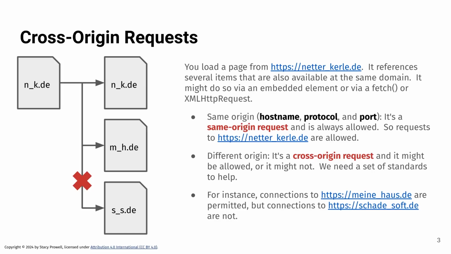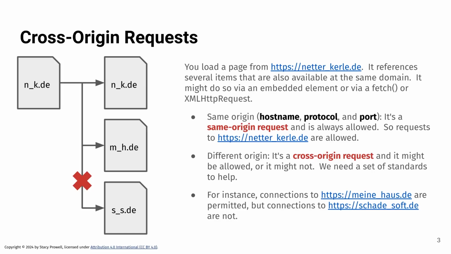There, I got it out. If it's the same origin, I talked about this back in the privacy discussion: hostname, protocol, and port. If it's the same origin, we allow it, right? A website is reaching back to its own site to get data, and we allow that.